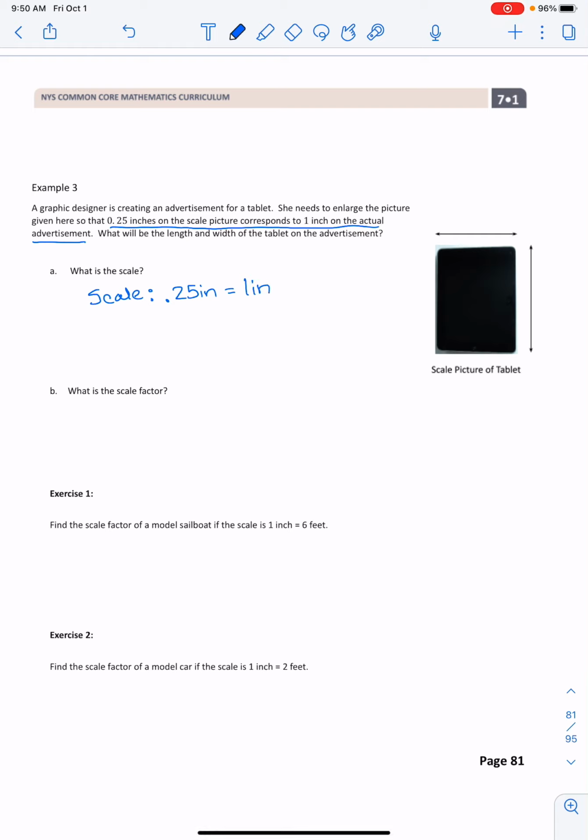So our scale factor then would be 0.25 inch over 1 inch. Well, that would simplify because we can drop our inches to 0.25 or 1 over 4. So our scale factor would be 1/4.